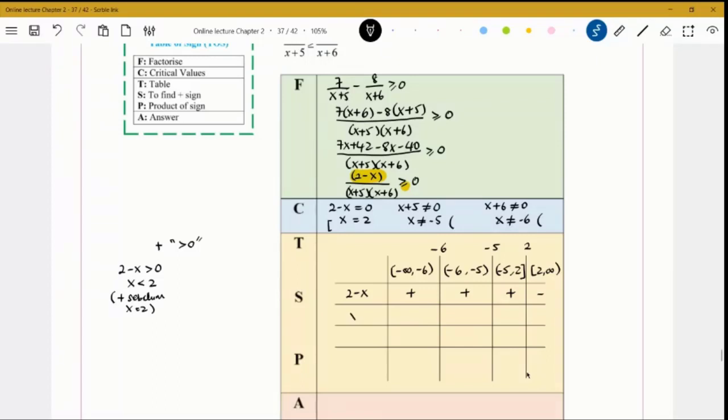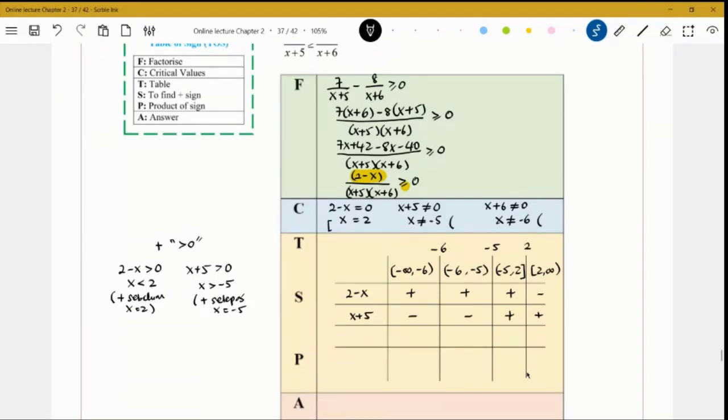Second factor adalah x plus 5. So x plus 5 greater than 0, x greater than negative 5. So we have positive sign selepas x equal to negative 5. Palang negative 5. So selepas palang negative 5 baru dapat plus. Sebelum itu maksudnya dia adalah negative, negative.